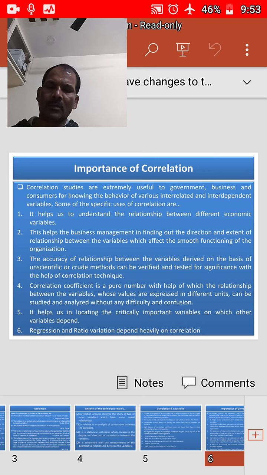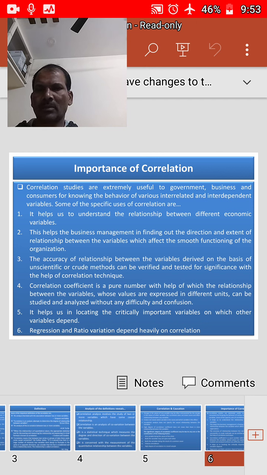But scientific calculation, scientific methods such as correlation are required, this will remove the uncertainty. It reduces the uncertainty in decision making and gets more fruitful results. The predictions based on the statistical measure of correlation would be more reliable than the estimate based on intuition.